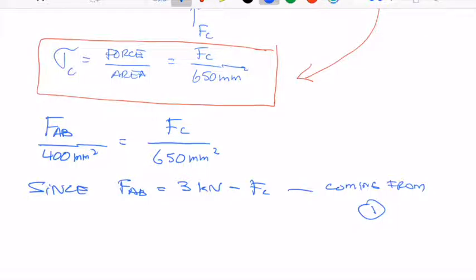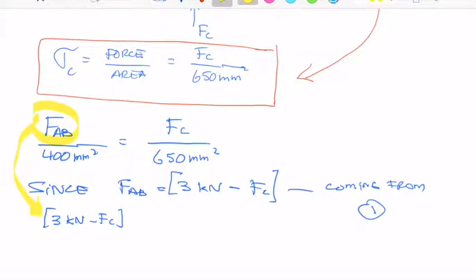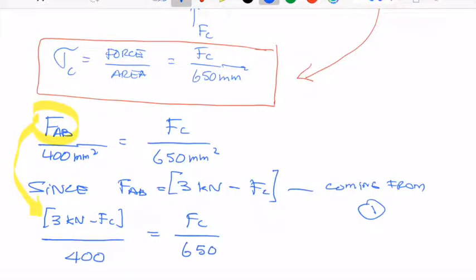So let's plug it in. Now I have 3 kilonewton minus FC, which is FAB, divided by 400, and that's going to be FC over 650.